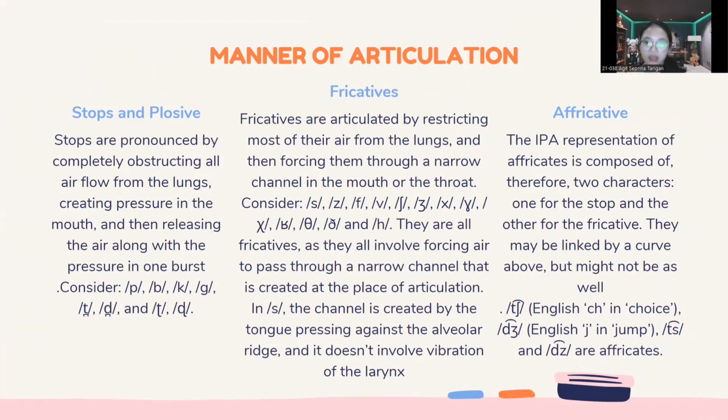Affricates. The IPA representation of an affricate is composed of two characters, one for the stop and the other for the fricative. They may be linked by a curve above, but might not be as well. So here is the link. You can see here, like this. Ch, as in "choice" in English, and j, as in "jump."